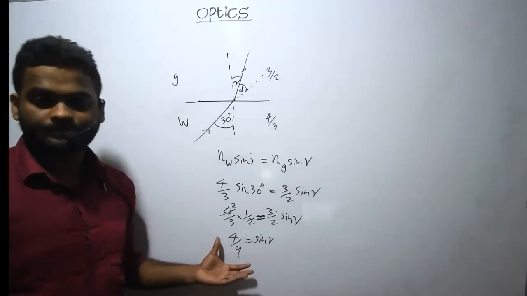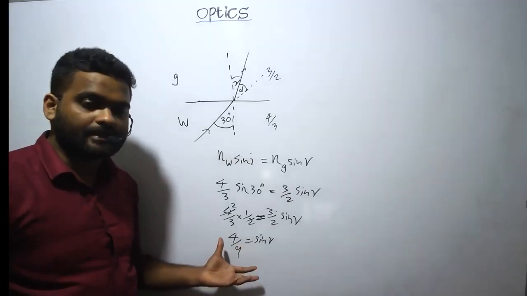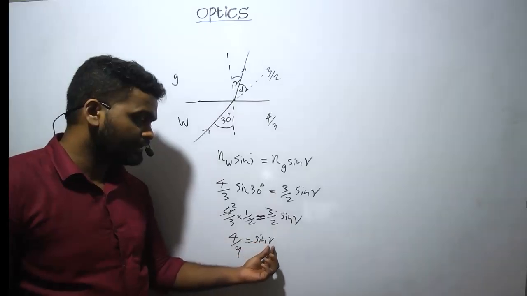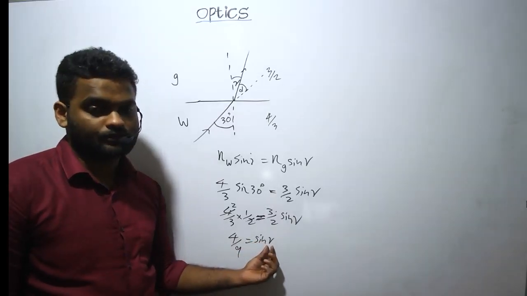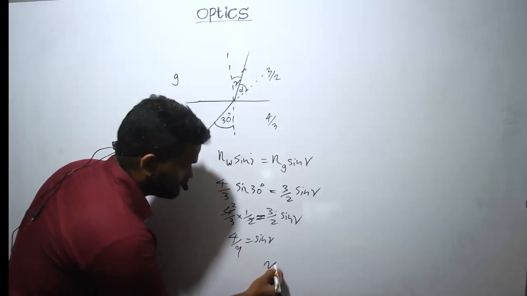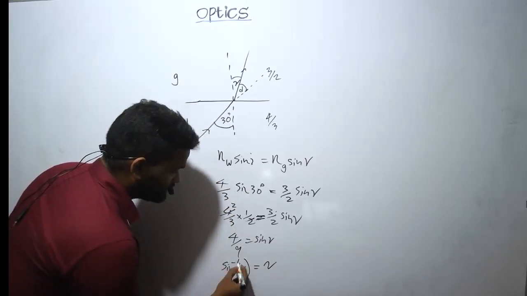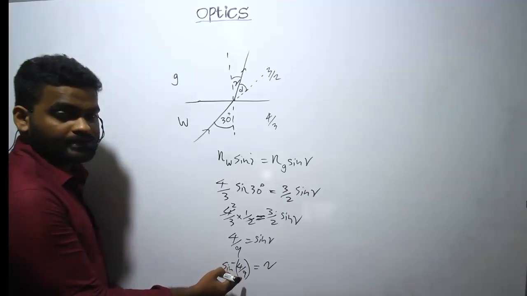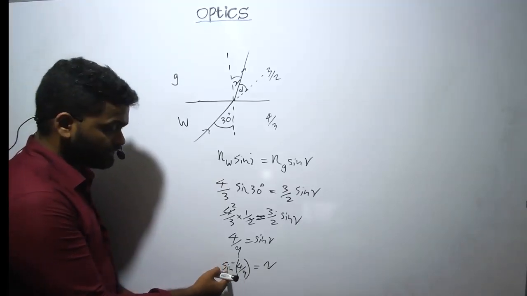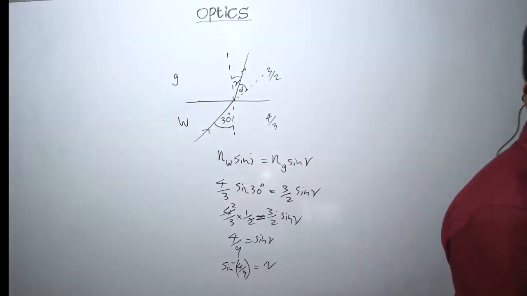Up to here it is a simple calculation. After that, you should be able to find simple r. So simple r is sine inverse 4 divided by 9. You need to find the inverse value of sine 4 divided by 9.